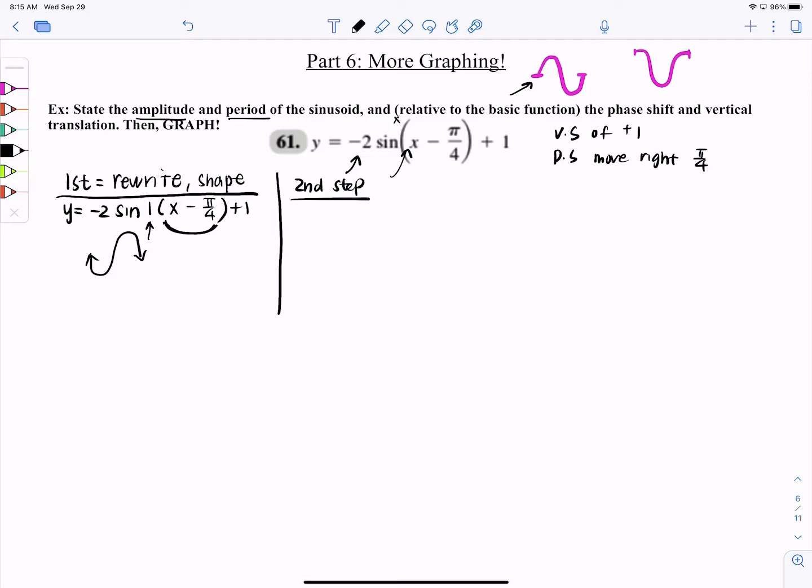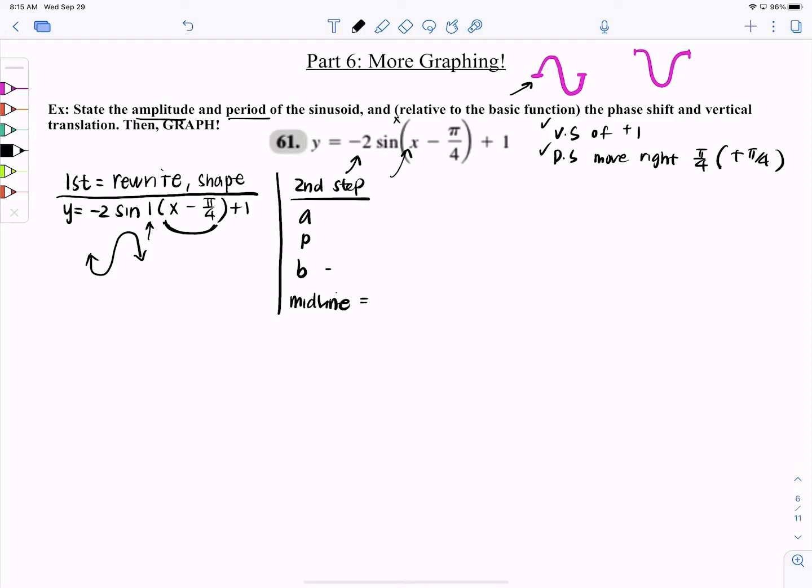Or you can just say plus pi over 4, which indicates that it moved to the right pi over 4, okay? Let's see what else. Okay, I think that's good. The transformations are listed here, but having that in mind will guide you when you're graphing, okay? Now let's do the second step, peanut butter, and don't forget the midline, okay?